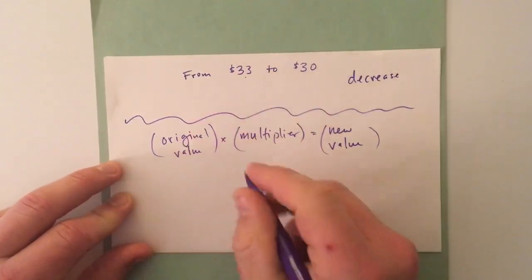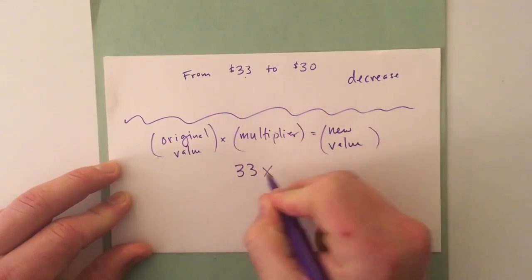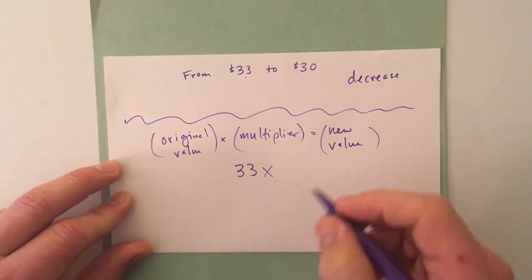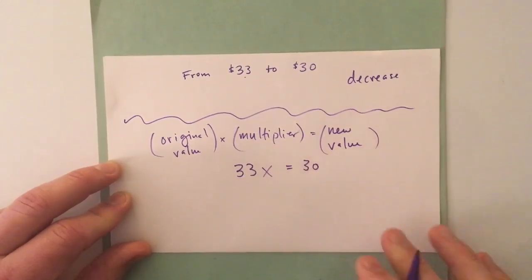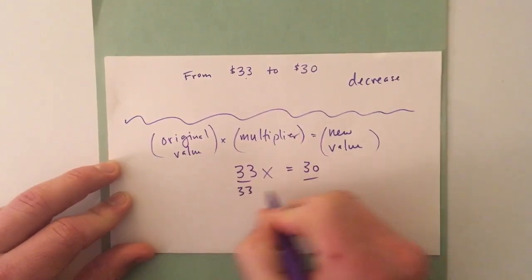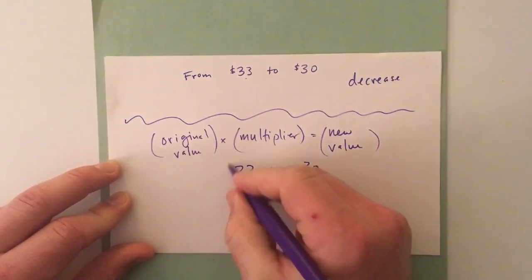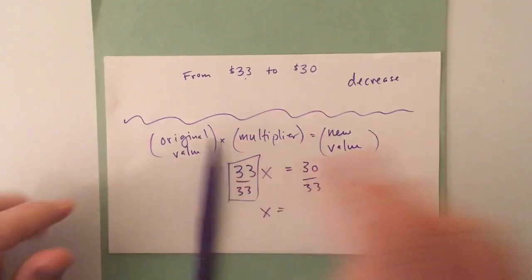So my original value is 33. And my multiplier, I'm going to use x again because that's my unknown. And then that's going to equal 30. This time I'm going to divide by 33. 33 divided by 33 is 1. 1 times x is x. And x equals.